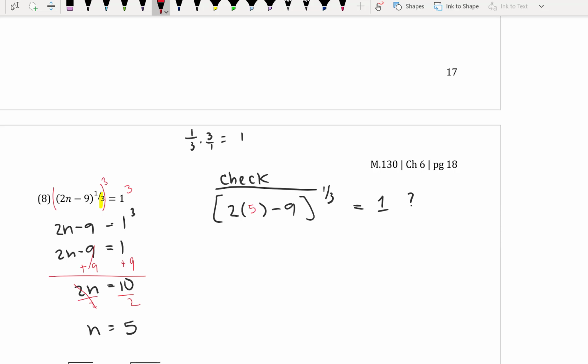So let's see what happens. 2 times 5 minus 9 is equal to a 1. And a 1 to the 1/3 power gives you 1. So that definitely checks out. So n is equal to 5 is going to be your answer.